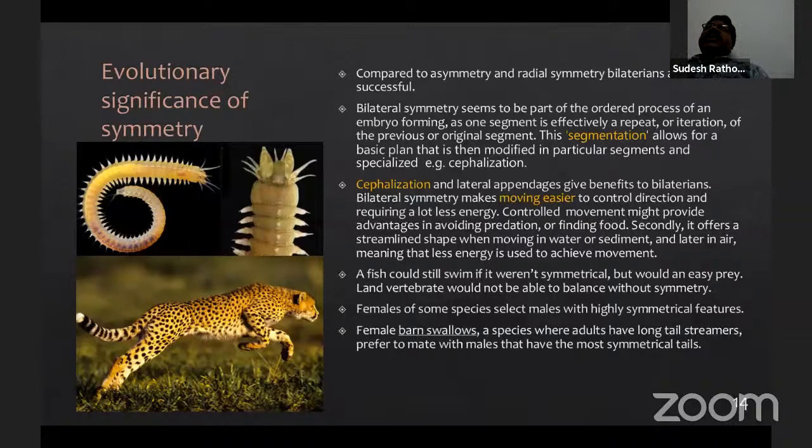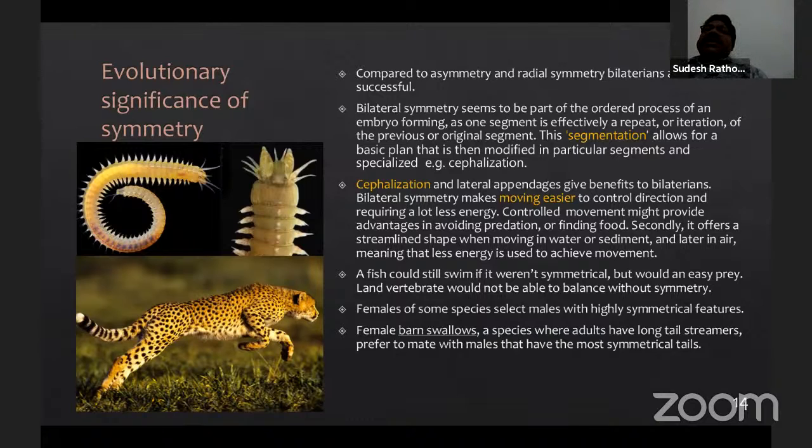It is not seen in radially symmetrical organisms. A radially symmetrical organism has only two sides, ventral and dorsal, whereas a bilaterally symmetrical organism has anterior, posterior, two lateral sides, left and right, as well as dorsal and ventral.